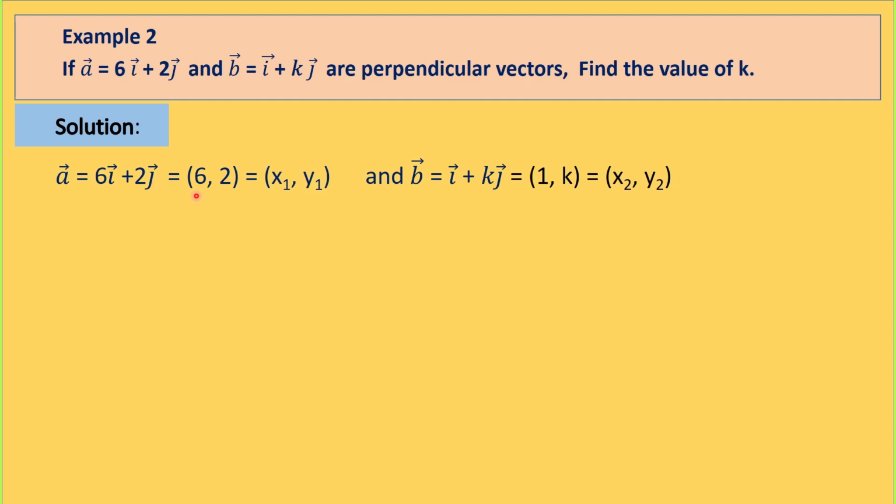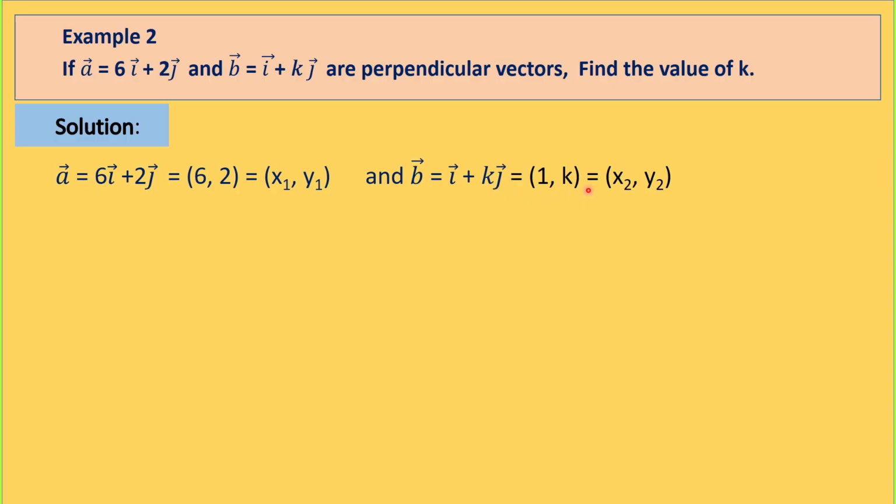Suppose this is equal to (x1, y1), and vector B is equal to vector i plus k vector j, which can be written as (1, k), and suppose this is equal to (x2, y2).